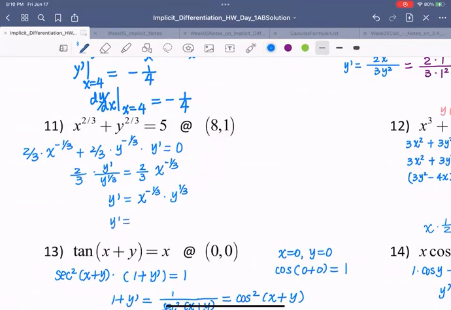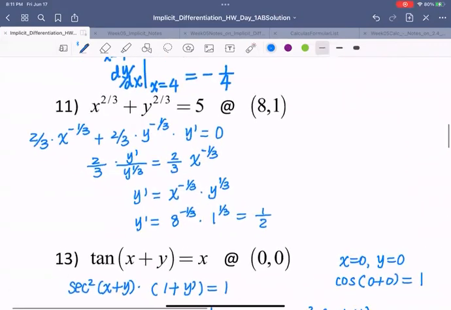Y prime equals, x is 8 and then y is 1. Joyce, how much is here? 1/2. Excuse me, when you move the 2/3 x to the negative 1/3 to the second line, you have negative.